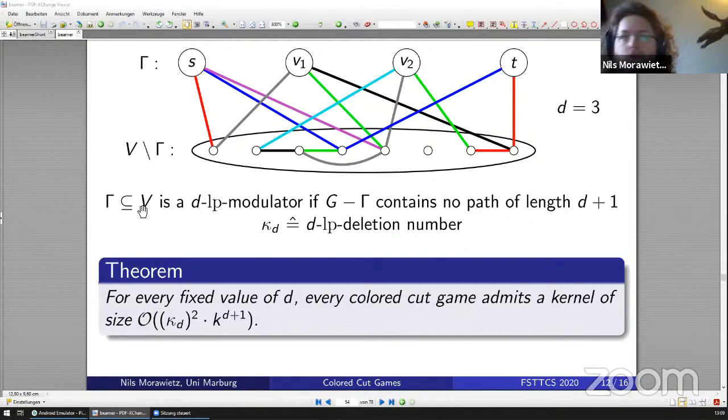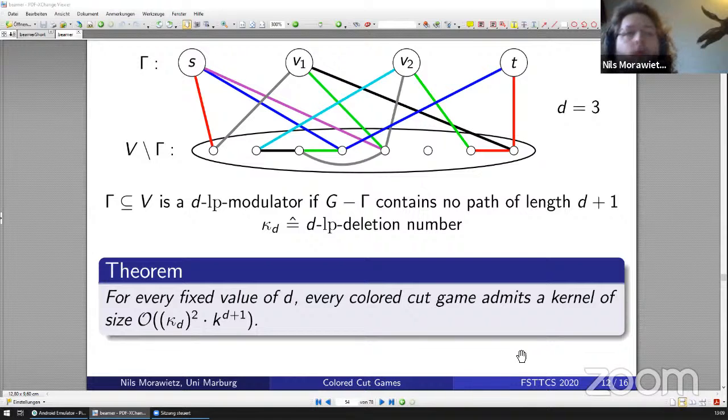We were also able to show it for tree depth modulator, but in this case, we would have a factor of 2 to the kappa d here squared, I guess. So it's not a polynomial kernel, I guess. But we have a corollary for the tree depth modulator.